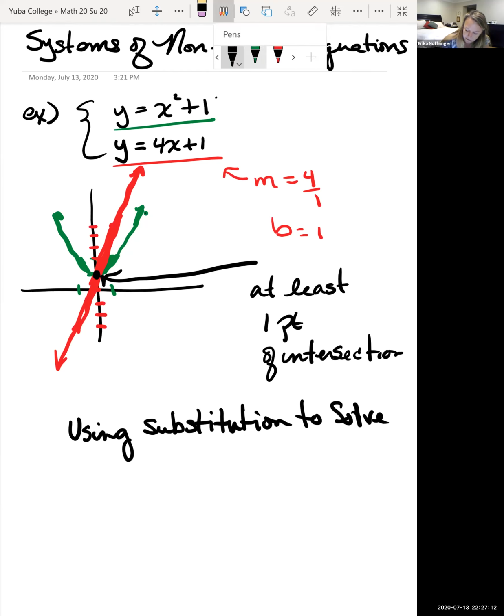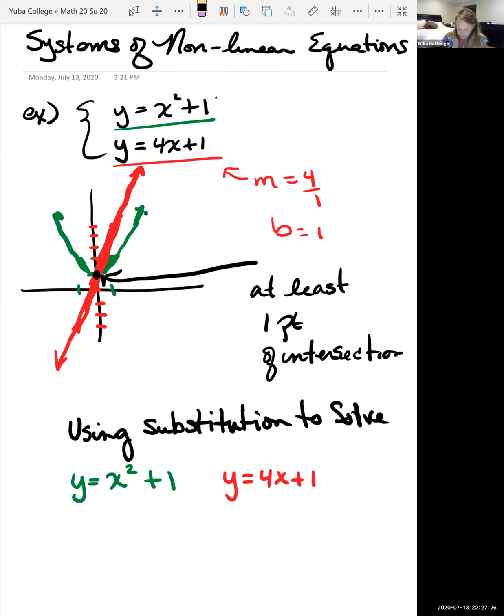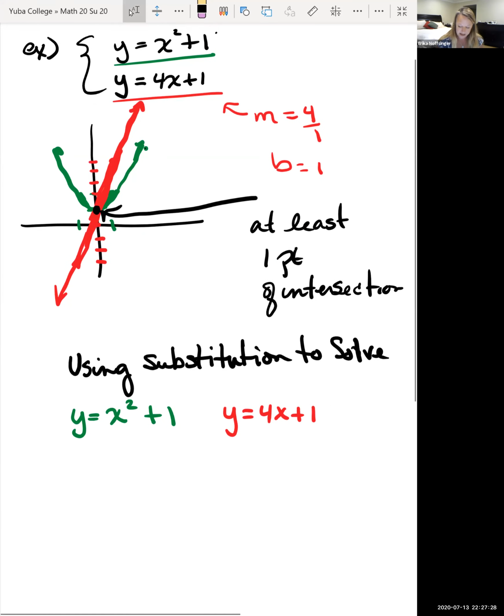So again, we have y equals x squared plus 1, and we had the equation y equals 4x plus 1. So we're setting our y's equal to each other.